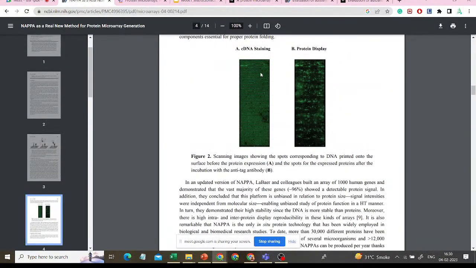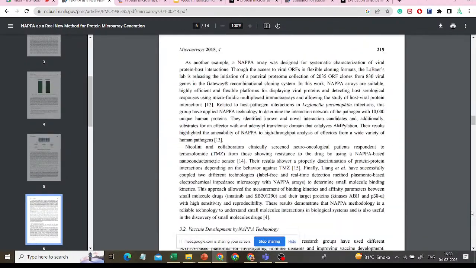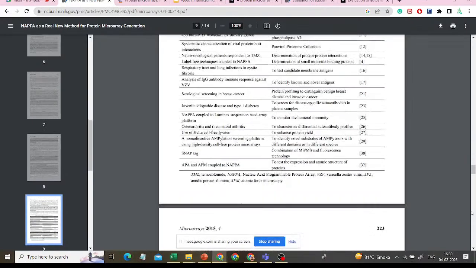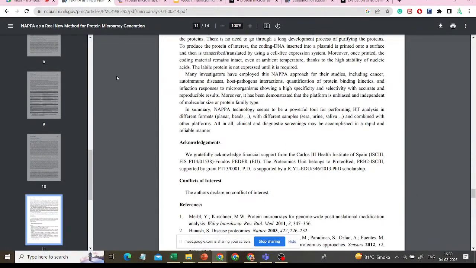So here you can see that, like this, it will get the chips, and then you can analyze all those. So NAPA, alternative methods and also.